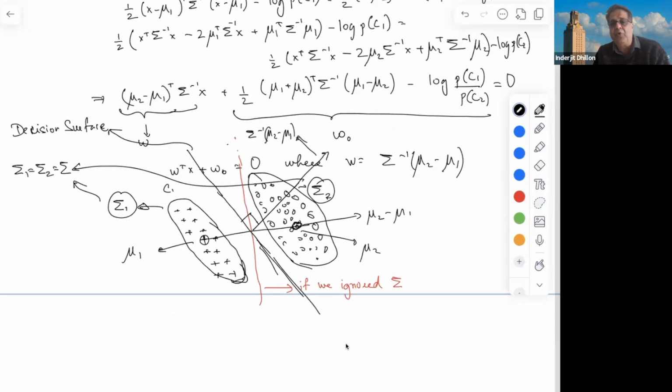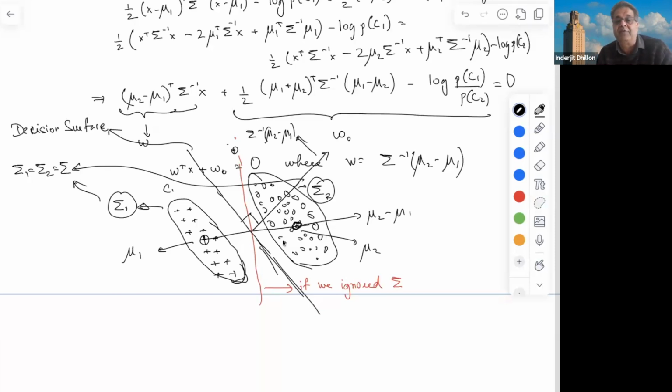But the hyperplane is no longer like this. It's no longer mu2 minus mu1. And even your intuition would probably have said that this is not good, because you don't want to classify some point over here as belonging to C1, which you would have done if you had mu2 minus mu1 as the normal to the decision surface.